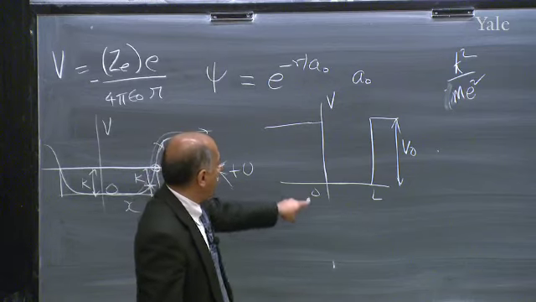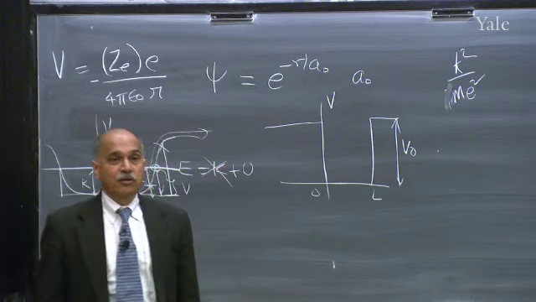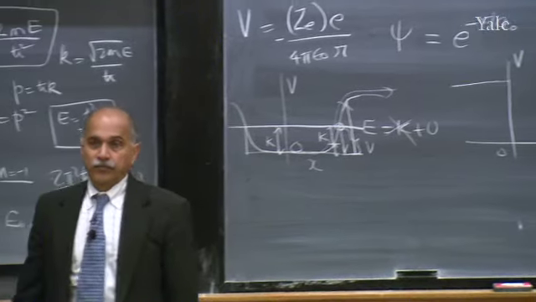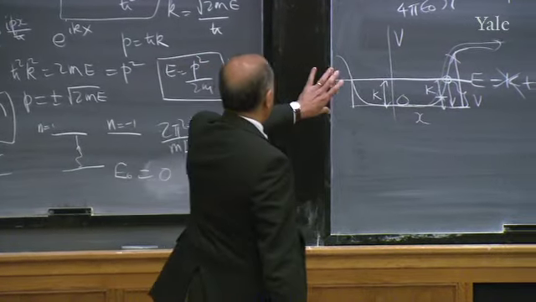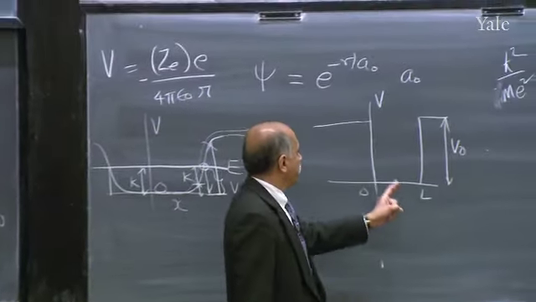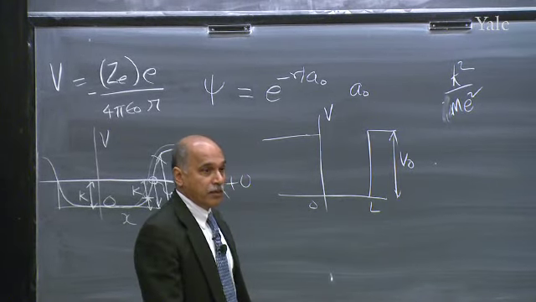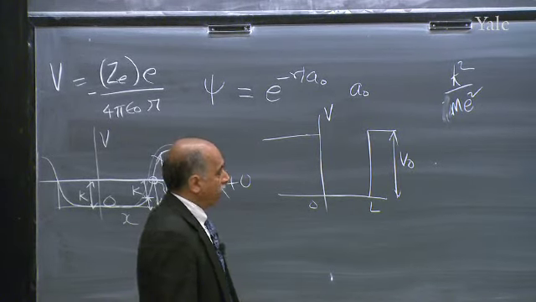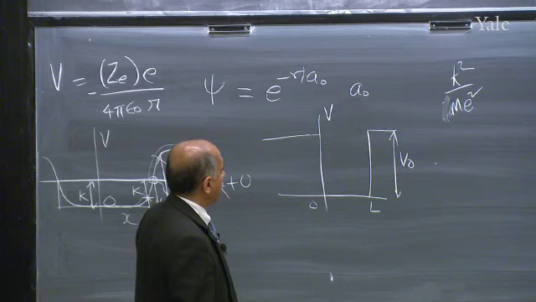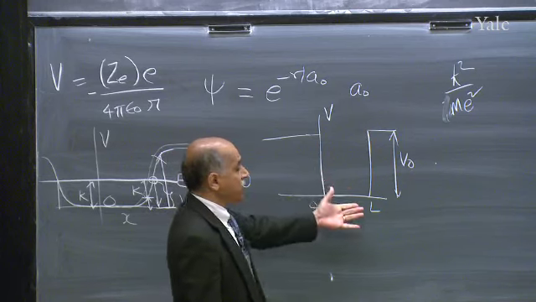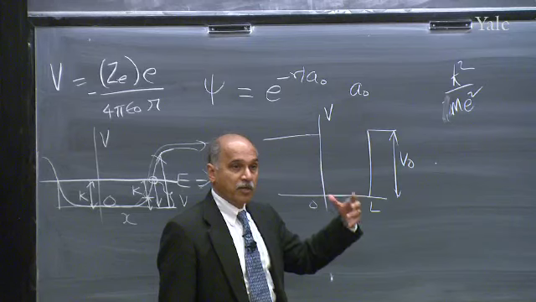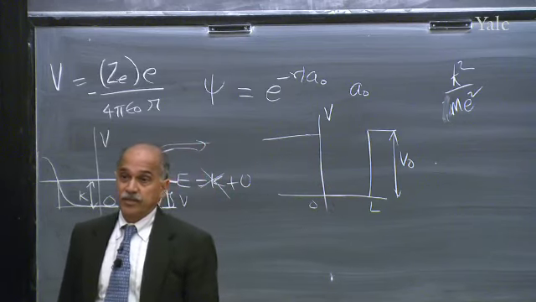It has got very sharp walls because that makes it easy to solve the equation. In real life, potentials are rounded off. My fake potential has got sharp corners. And I want to take a particle of some energy and ask, what are the allowed energies in this problem? And what do the corresponding functions look like? That's what we're asking.